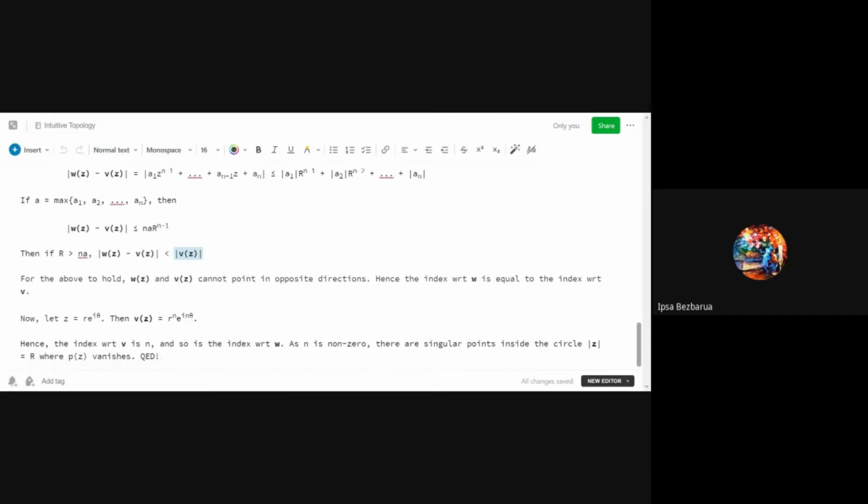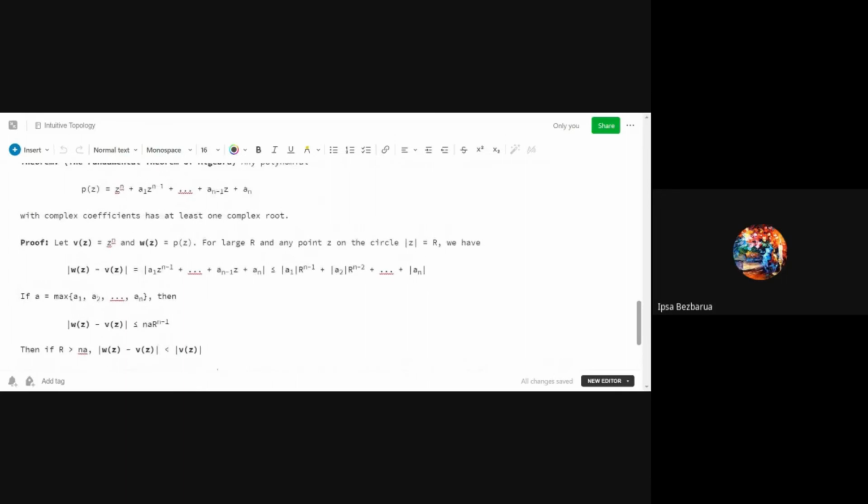So I conclude that v of z and w of z will not point in diametrically opposite directions on the circle mod z equal to r. Hence, by the previous lemma, the index with respect to w is equal to the index with respect to v.